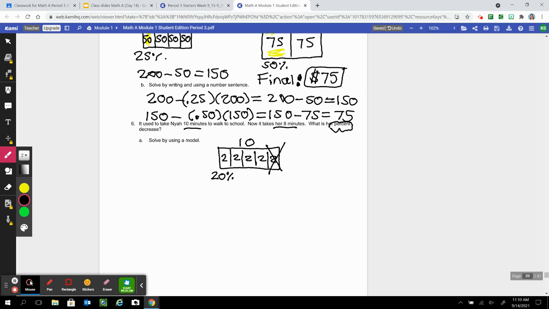So it looks to me, just by looking at the bar model, that Naya had a 20% decrease. I'm going to just draw the down arrow for decrease. So it's a 20% decrease if you go from 10 to 8.